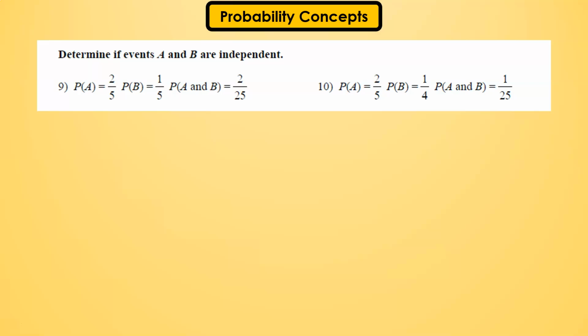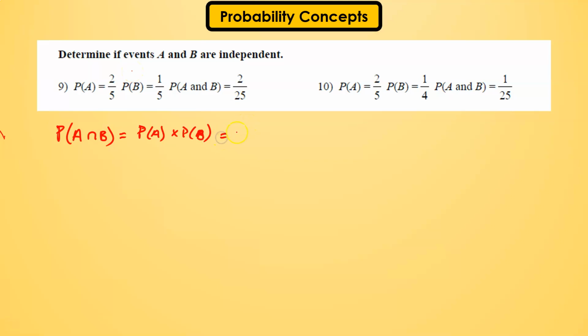The key thing is you've been asked to determine if these events are independent. Well, if they're independent, this must be true: the probability of A and B should equal that.